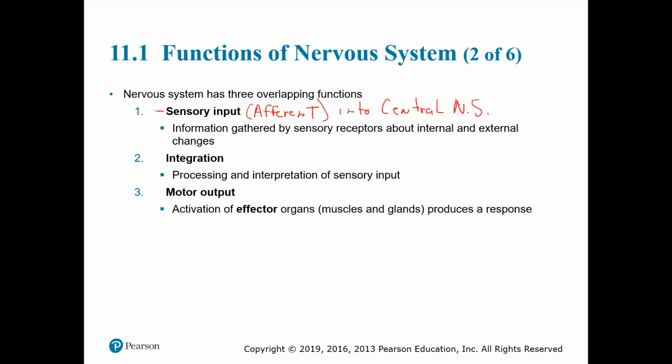And the central nervous system, we're going to go through this again. The central nervous system is easy to remember. It's only 2 parts. The brain and the spinal cord is central nervous system. Everything outside of the central nervous system, outside of the brain and spinal cord, is considered peripheral nervous system.